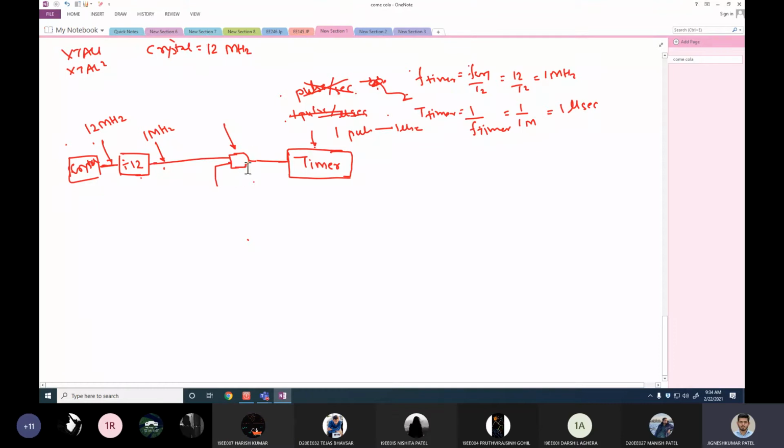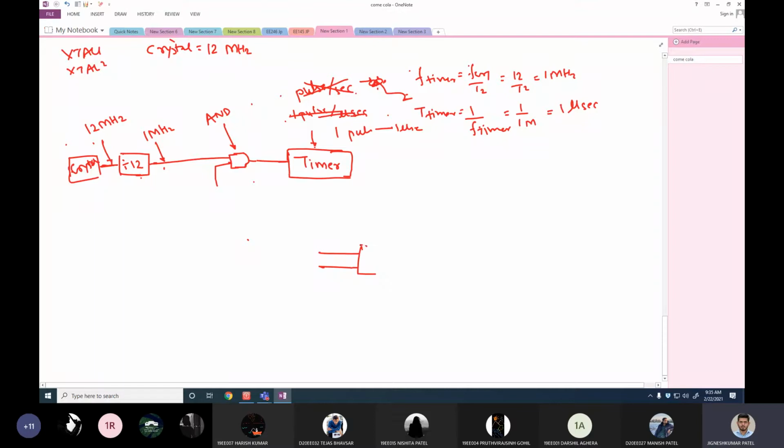So what is this? What I have drawn here? My drawing may be very bad, but this is an AND gate. Now I'm going to ask you a very basic question.